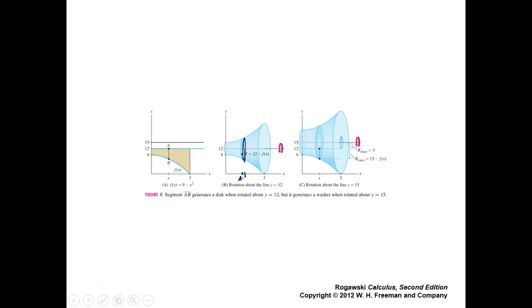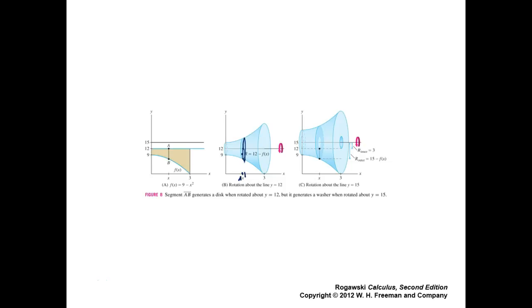And what's the radius of that plate? It is 12 minus 9, so yeah, that'll be the radius. You want the radius to be positive. It's not going to matter, you're going to square it anyway.